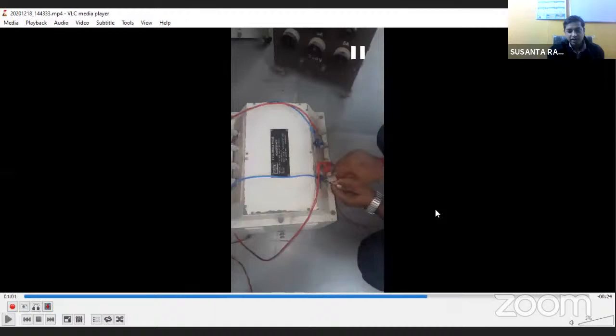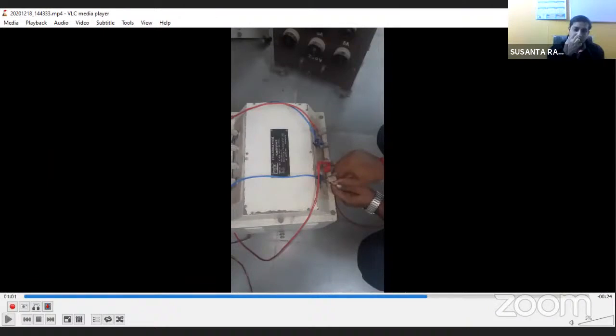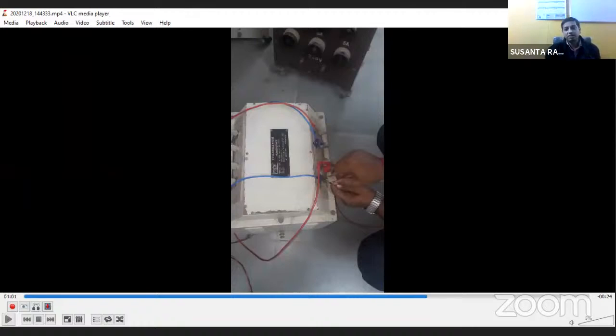And what is he doing now? Connecting 1 and 2. Can you tell me? He is connecting 1 and 2 by a wire. By this, what is he doing? Short circuit. Yes, sir, short circuit. It is a short circuit because between 1 and 2 you have a coil.